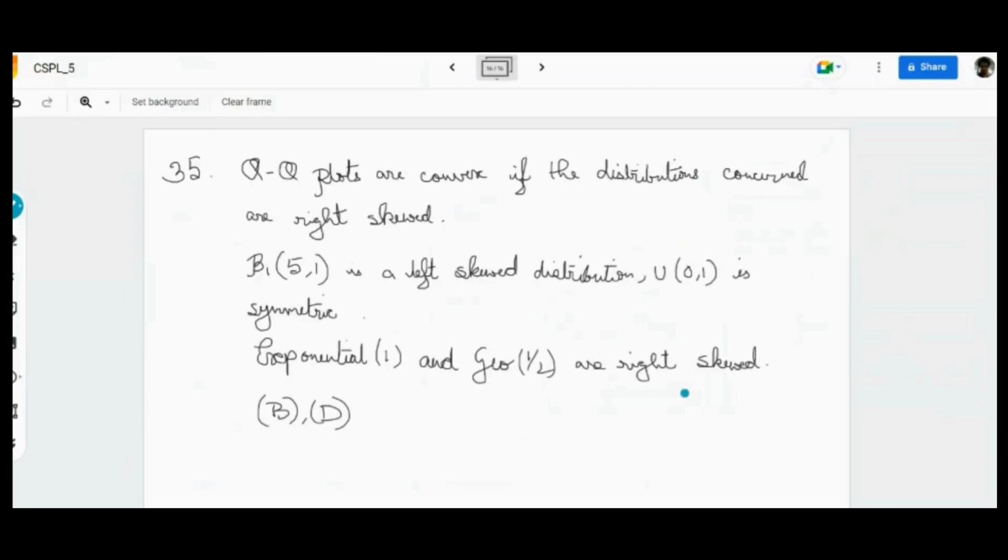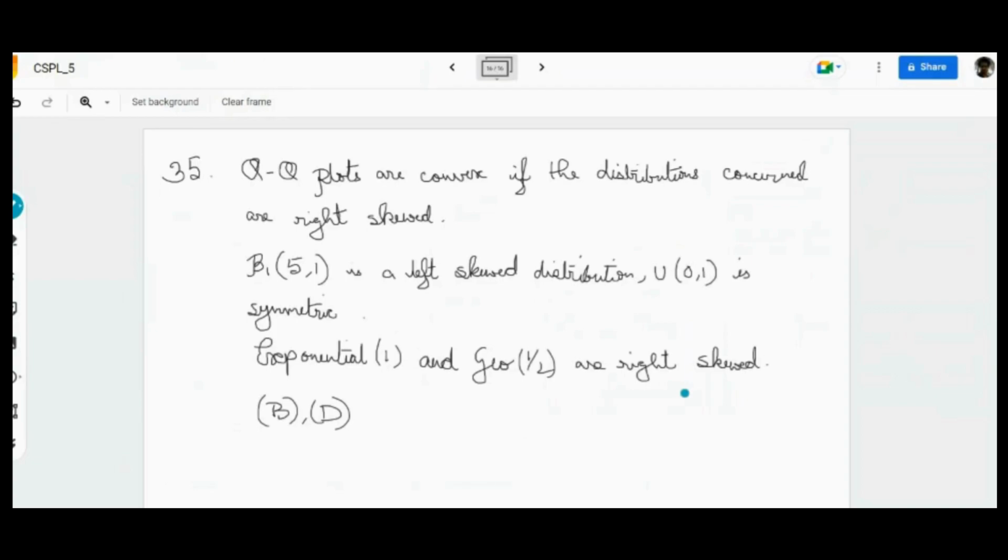You can check the four distributions. The uniform 0, 1 is obviously symmetric. Its PDF is simply 1 running in the range 0 to 1. And beta 1, 5, 1 is a left skew distribution. You can obtain the skewness, or you can simply observe the graph if you can plot it. Exponential 1, which has the highest density in the lower values and generally reduces after that, is a right skew distribution.